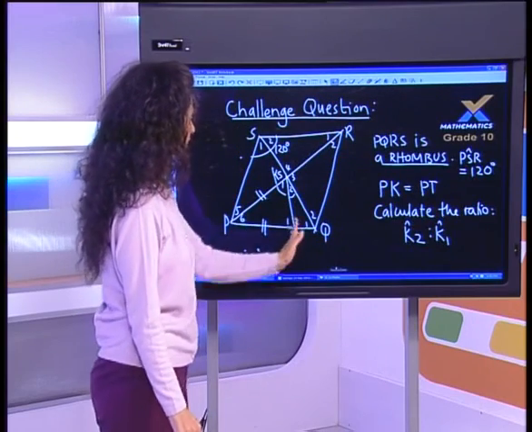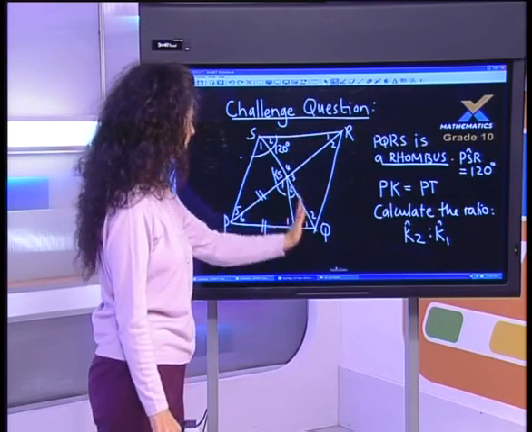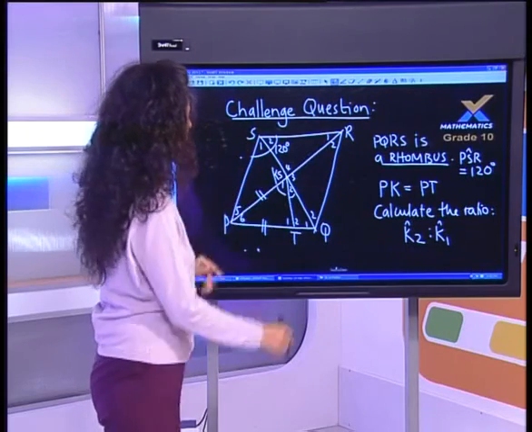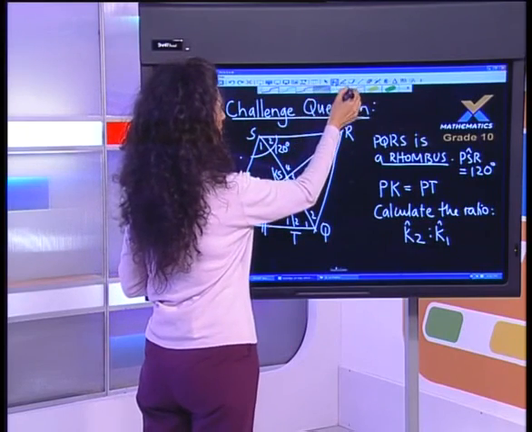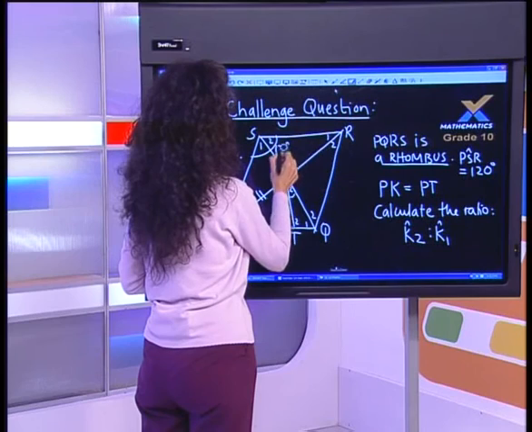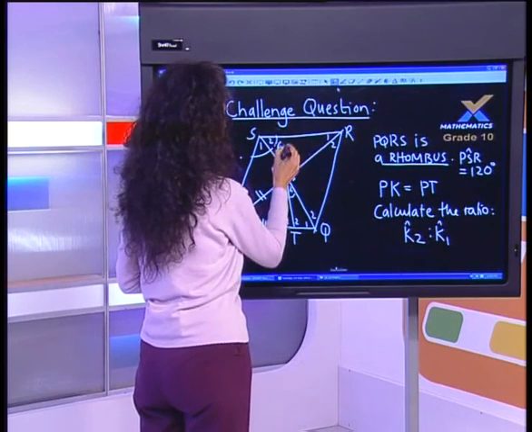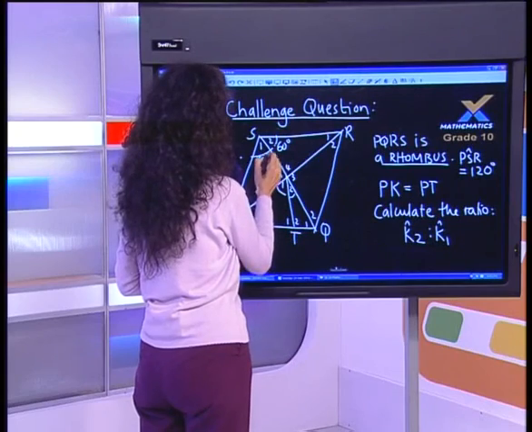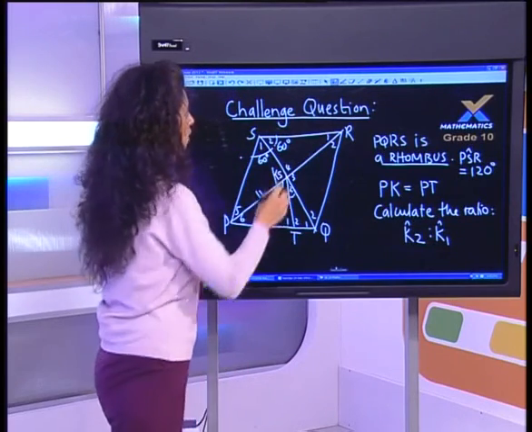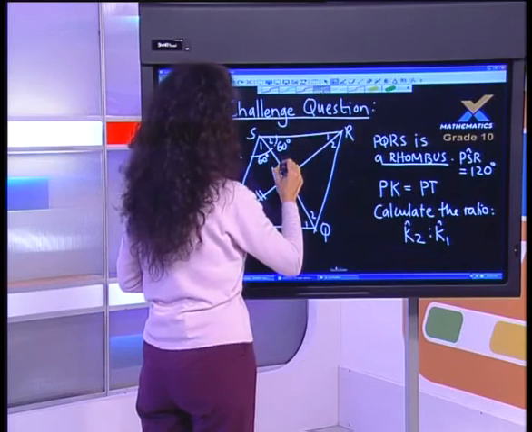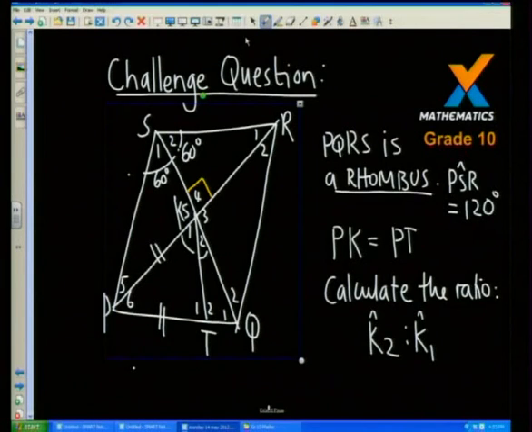Okay, so we've got a rhombus's diagonal cutting that angle. So I'm going to erase this angle over here, and I'm going to fill in the portions that we now have. So we've got that 60, that 60. Remember, we said that it bisects perpendicularly, so this angle is a right angle.